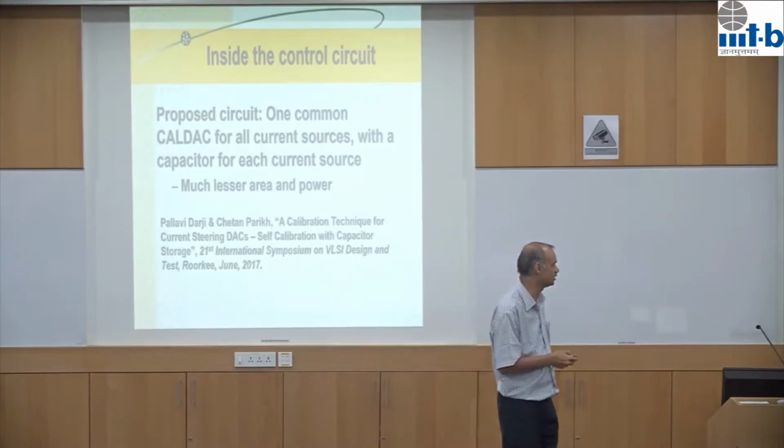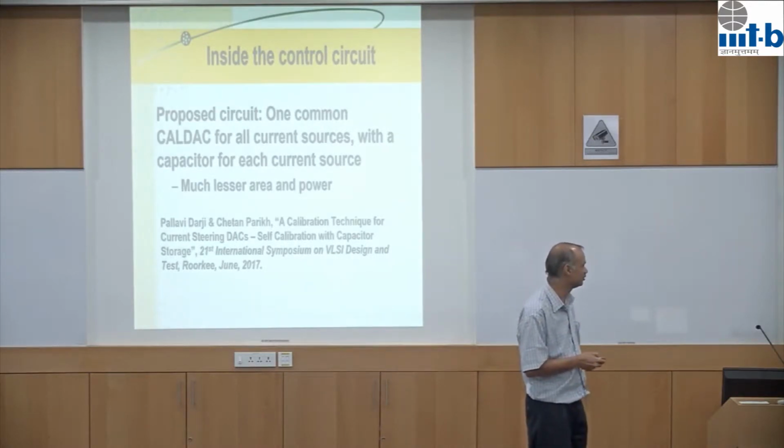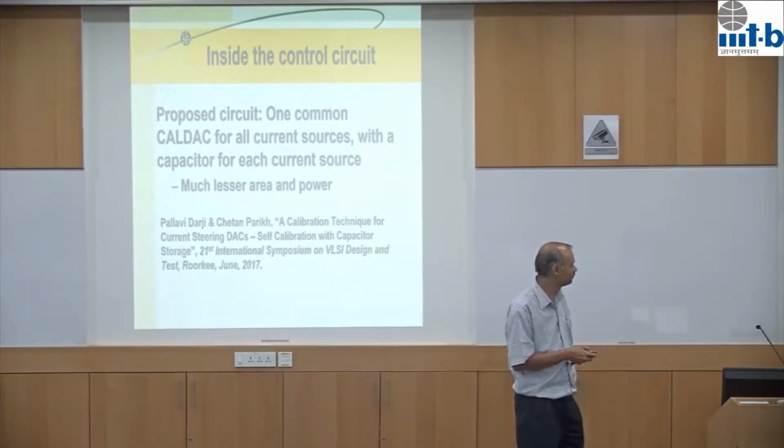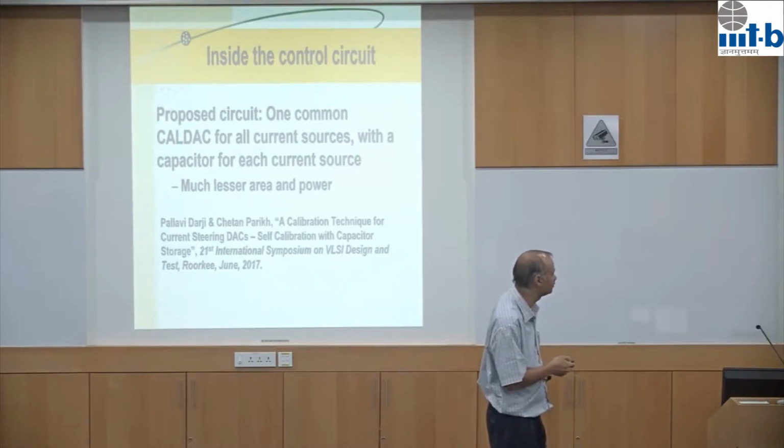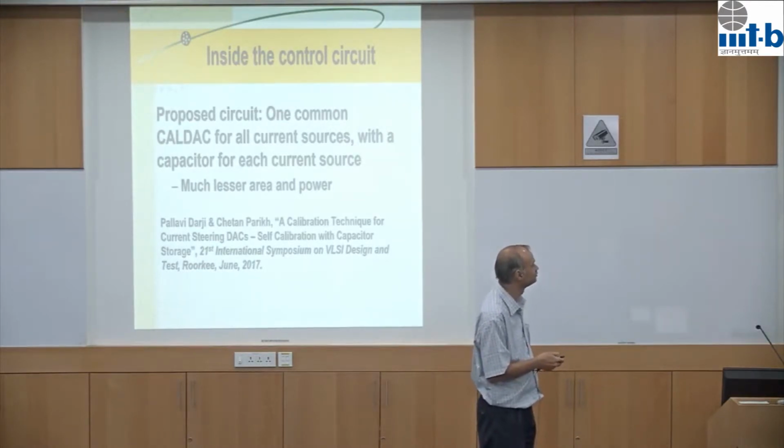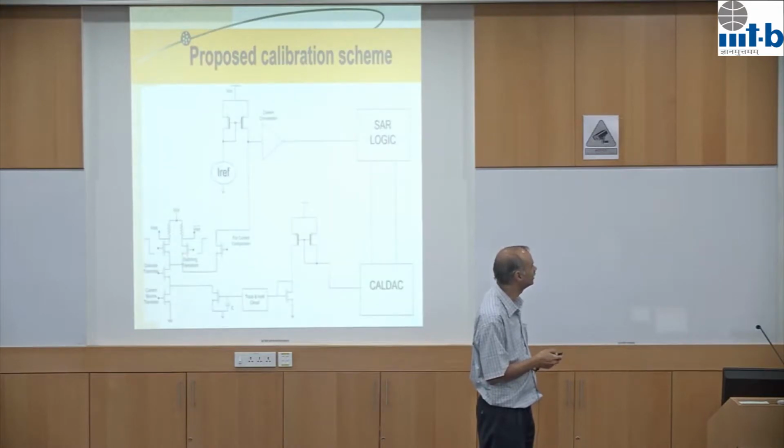This is a paper that was published in VDAT 2017, and magically it won the best paper award also. Pallavi Daji is my PhD student. She is in Gujarat. Very quickly, this is the proposed calibration scheme.